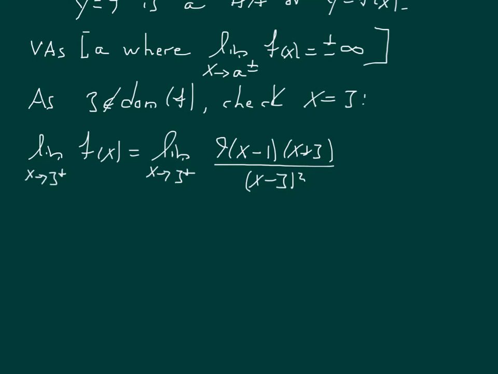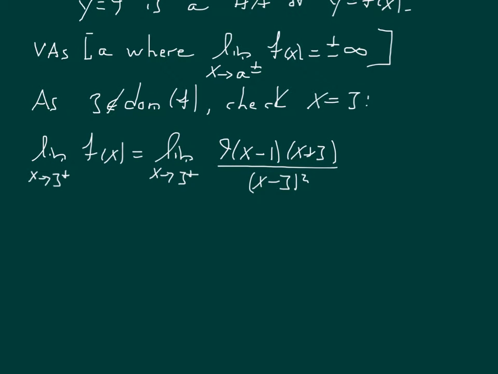And what's happening here, well, as x tends to 3, the numerator is going to tend to 9 times 3 minus 1, which is 2, times 3 plus 3, which is 6, so it's 9 times 12, I guess that's 108.